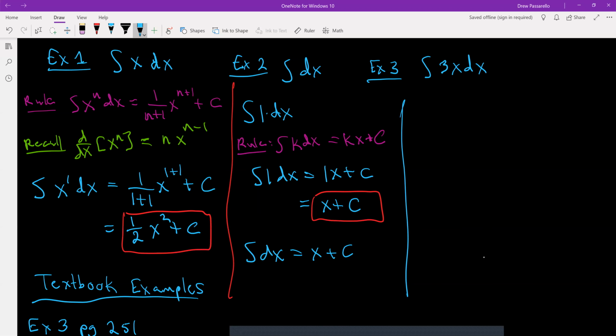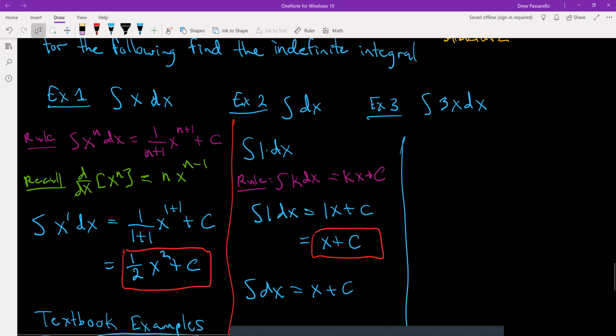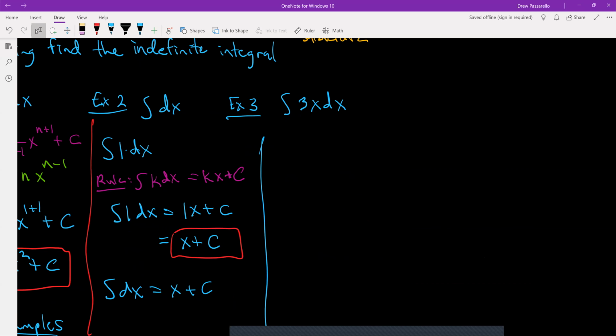So for the third example, just like how you can factor out a constant in front of the derivative, you could do the same thing for an integral. So what I'm going to do is bring the 3 in front of the integral. So factor the 3 in front of the integral, and then focus on integrating x.